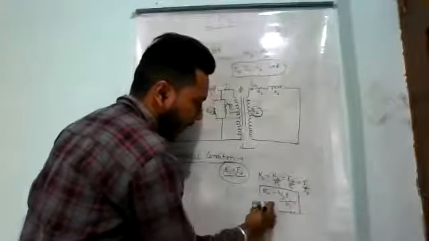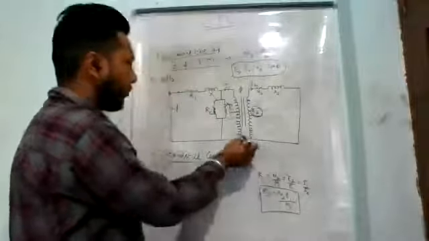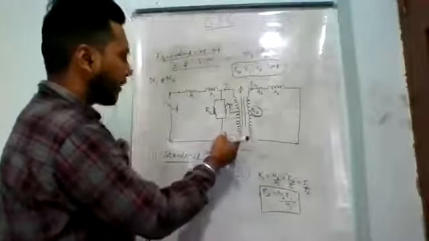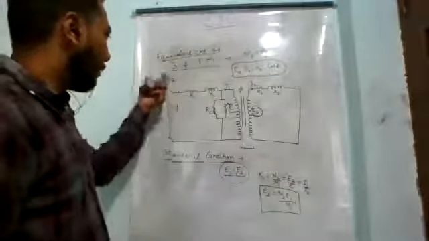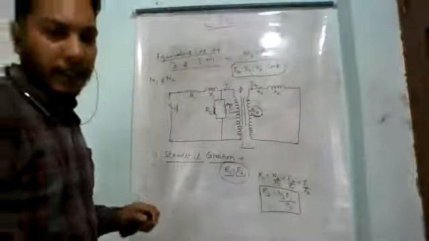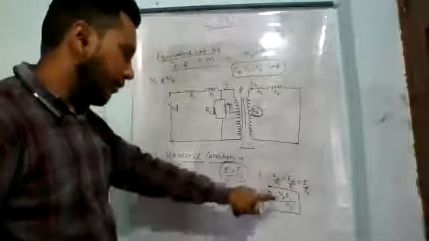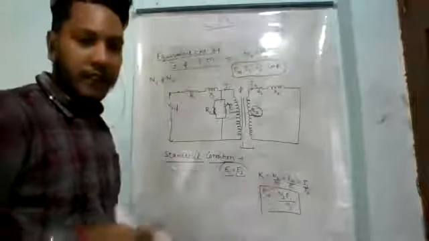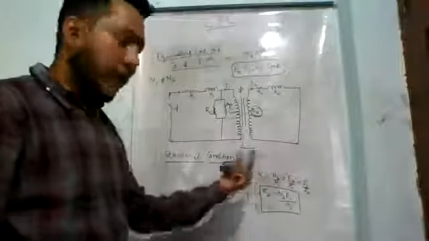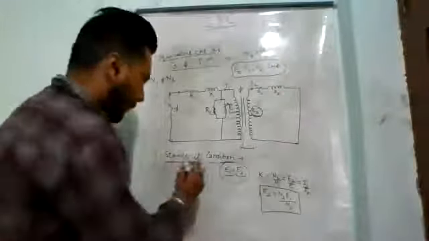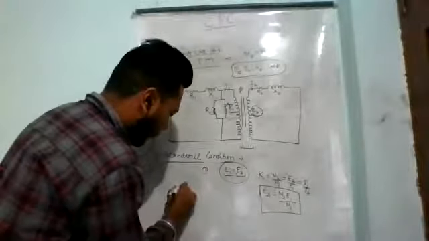This is the case of the practical transformer, if the number of primary turns is not the same as the number of secondary turns. This is the formula to calculate the secondary induced EMF in practical cases.